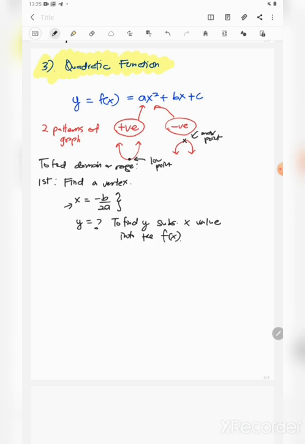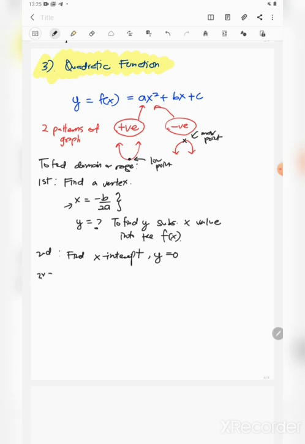And then for the second step, find the x-intercept. For the x-intercept, you have to set y equal to 0, and then you will get the x-intercept.